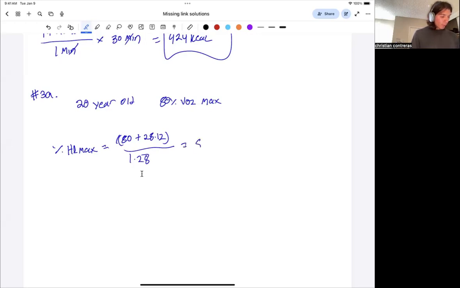We get approximately 84.5% heart rate max. And that's it. We were just given the percentage of VO2 that this woman was working at. We just plugged it in the formula, and that takes care of 3A.